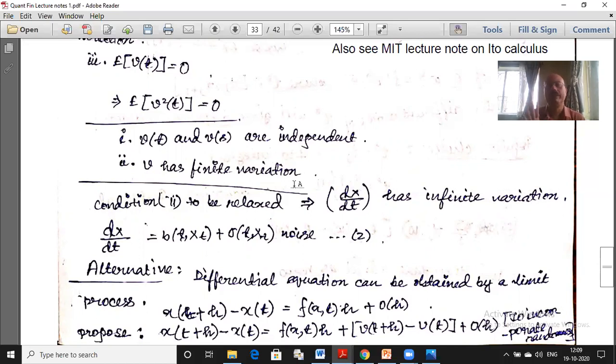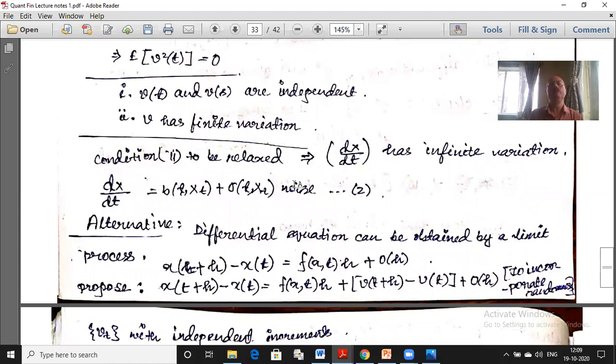Now, giving up finite variation is a serious problem because that means we have infinite variability in the random variable. That might create a lot of trouble in our construction, because in general we always bank on having finite variance. But this was the choice that was made: you give up the finite variation and you look at this equation, which is equation 2, in a slightly different way.